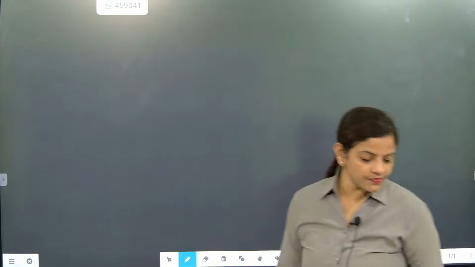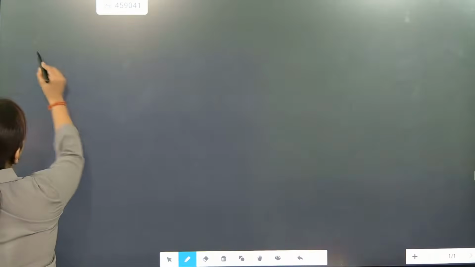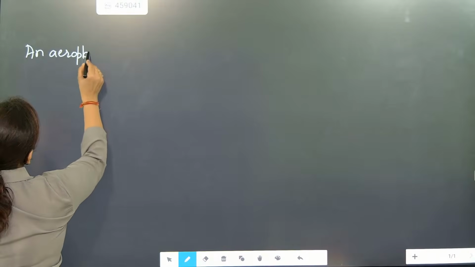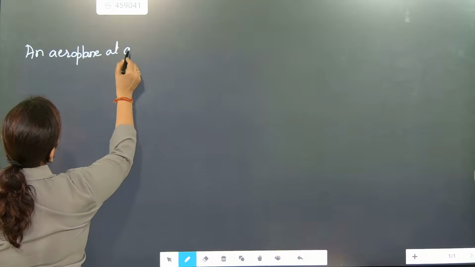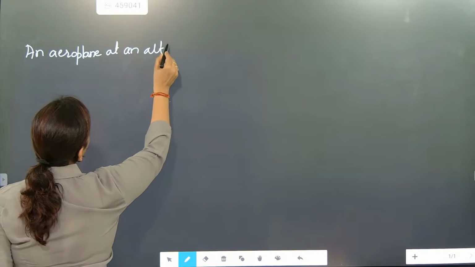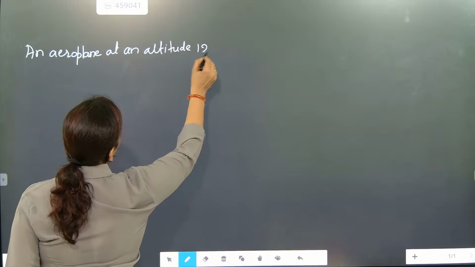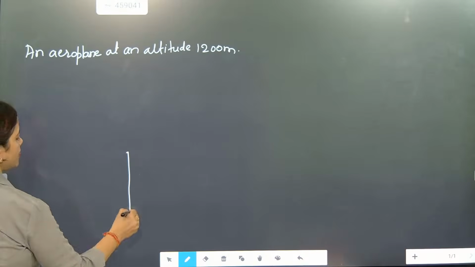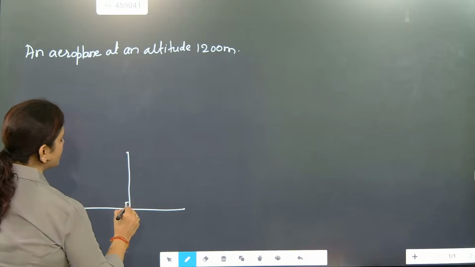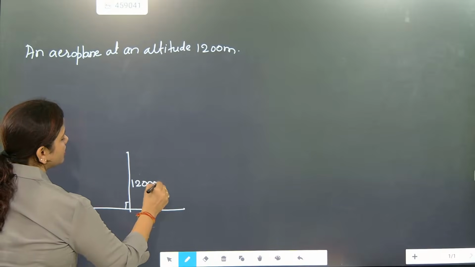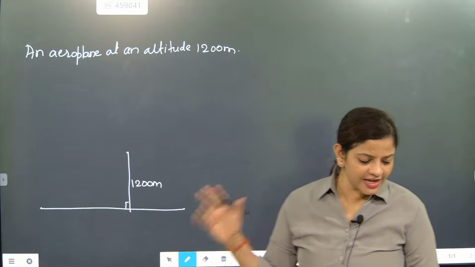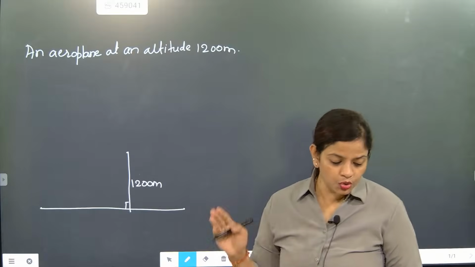Your question is, an aeroplane at an altitude 1200 meter. First we will draw. This is the aeroplane. And what is the altitude, the height of the aeroplane? 1200 meter. First part done. After that, second part.